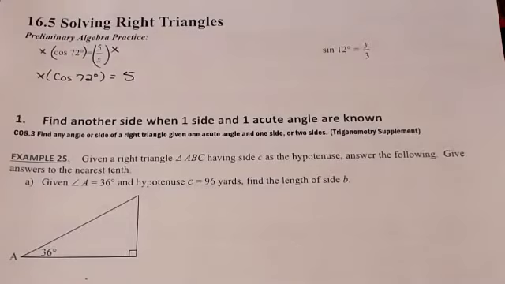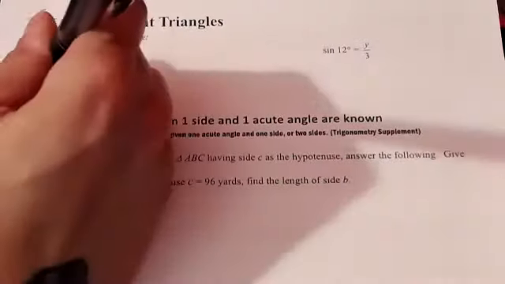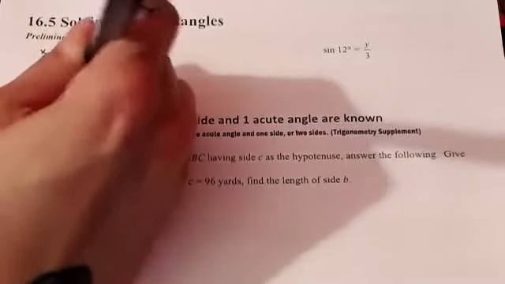That's actually pretty cool. And now I have one last thing that I need to do in order to get x completely by itself. Divide by the cosine. Yeah, exactly. You're exactly correct. And we can now divide both sides by cosine of 72 degrees.